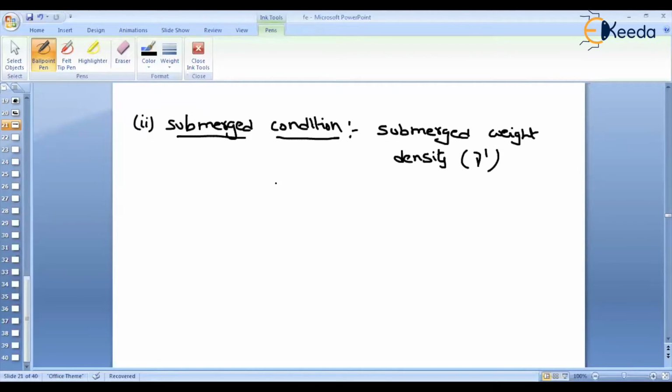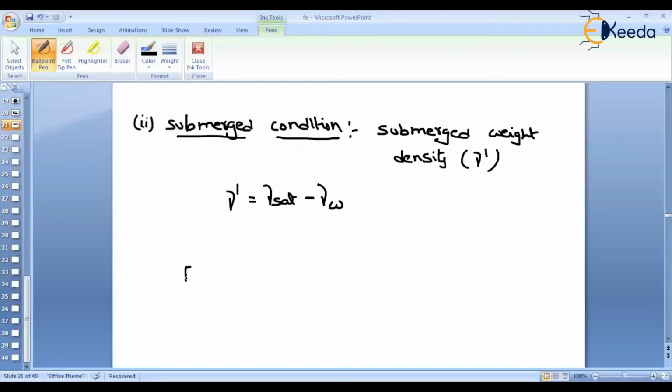As the soil is completely filled with water, first we have to find the saturated unit weight, and then neglect the unit weight of the water. This is what is called the submerged unit weight of the soil.